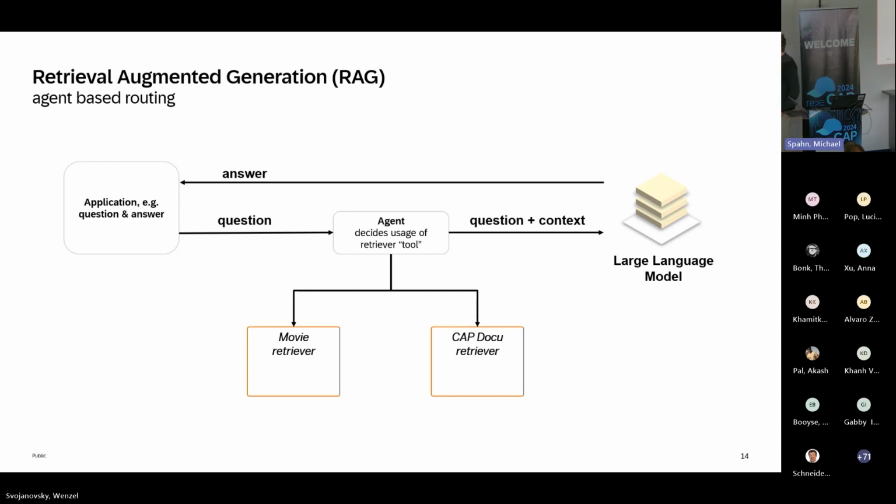For these types of decisions, frameworks like LangChain, for example, offer possibilities to create an agent, which is nothing more than a prompt to a large language model, asking it: hey, based on the user input, please decide which table, which vector store to use. Where is the most appropriate context store? So this is agent-based retrieval. This is a technique if you need to decide which data to draw into a context.